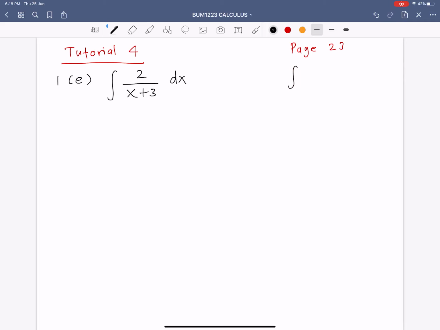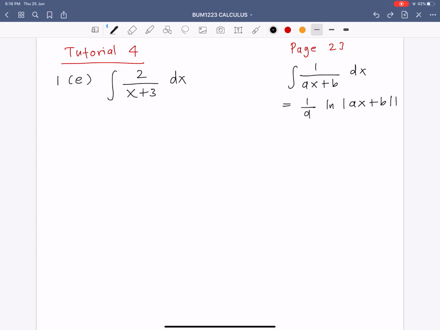You have integration 1 over ax plus b dx, which is equal to 1 over a ln modulus ax plus b plus c.